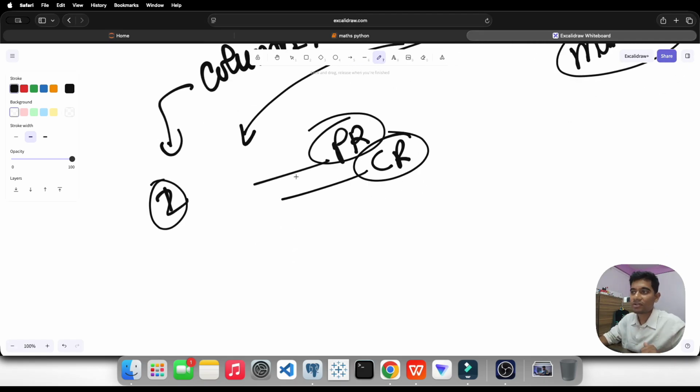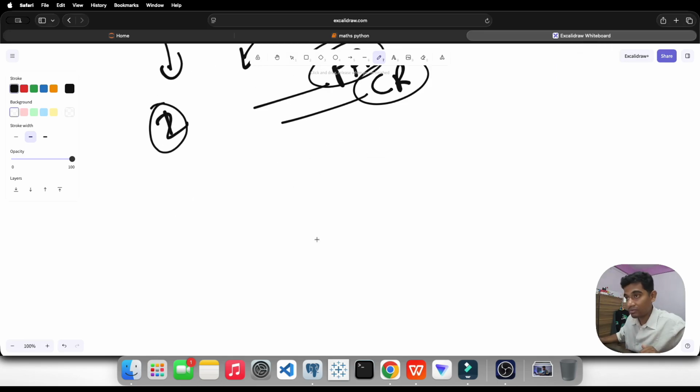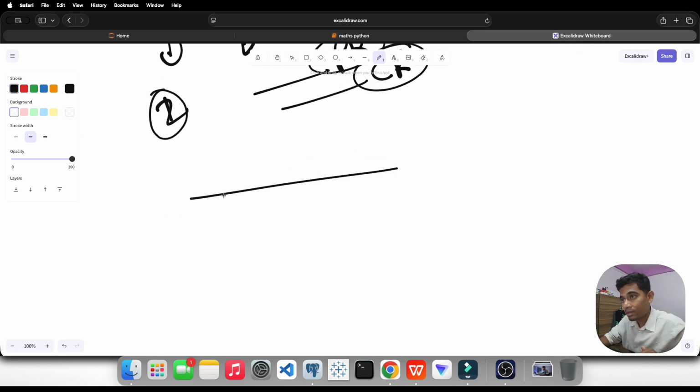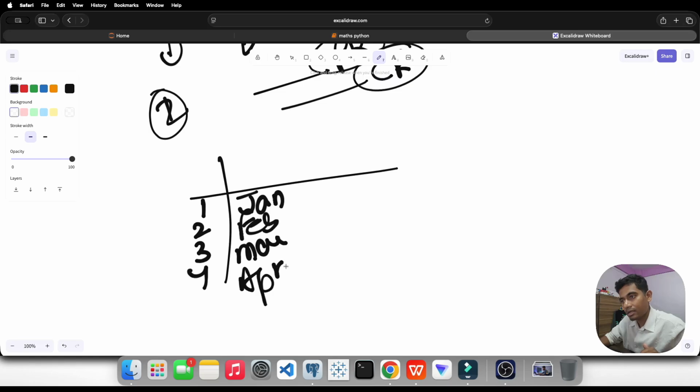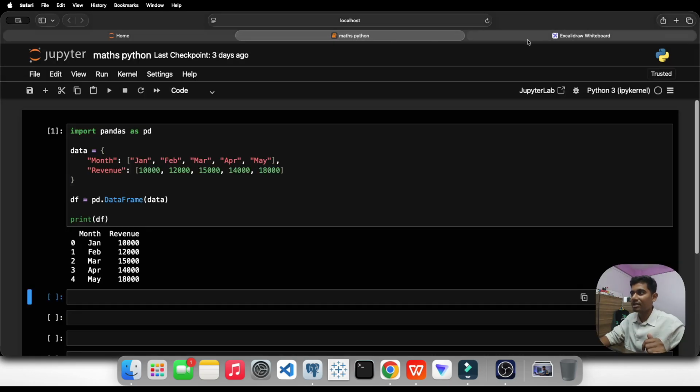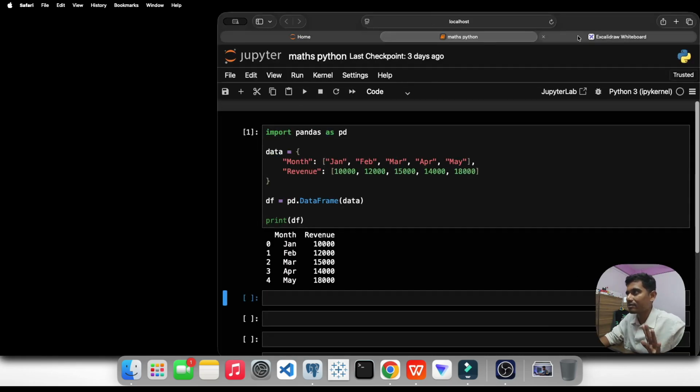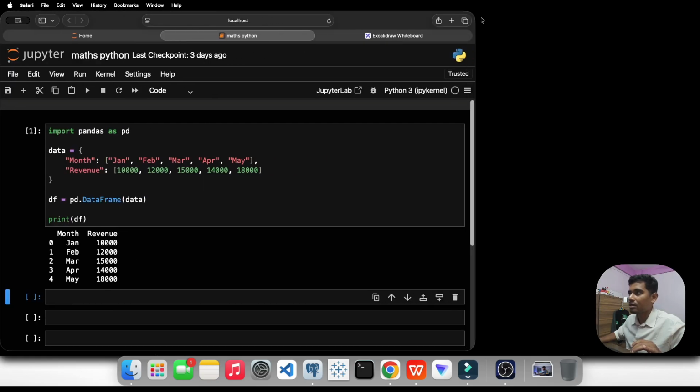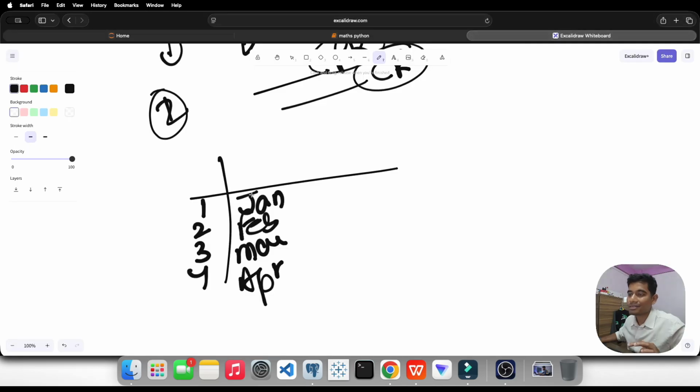Let me give an example. There are 4 rows, okay. Suppose we have Jan, Feb, March, April. We will do the same thing in practical, but let's understand it theoretically first.